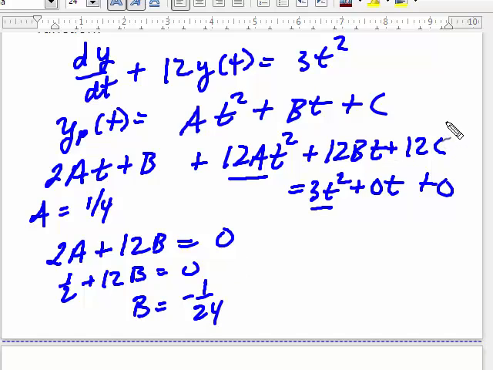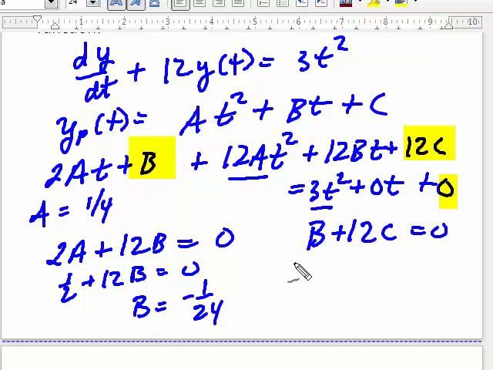Now I have an additional term here, a constant. I've got b plus 12c has to equal 0. That's from taking the constants here, and here's a constant, and that of course has to equal the 0 on the end, comparing the constant terms here.